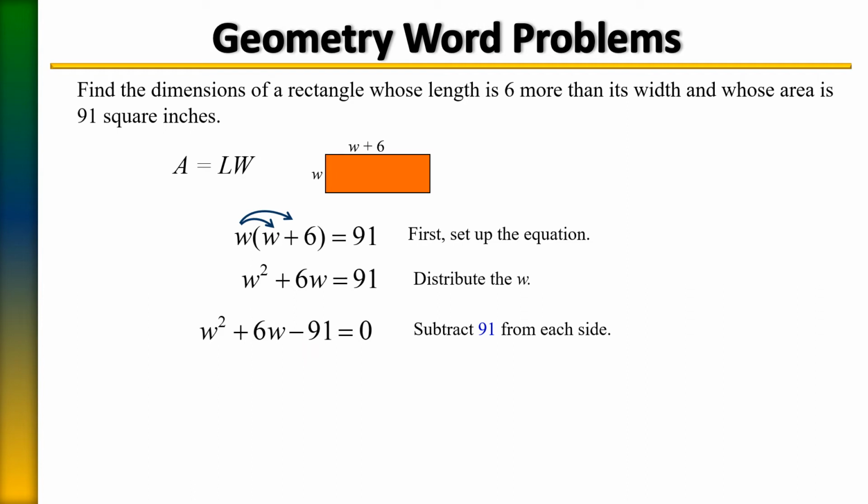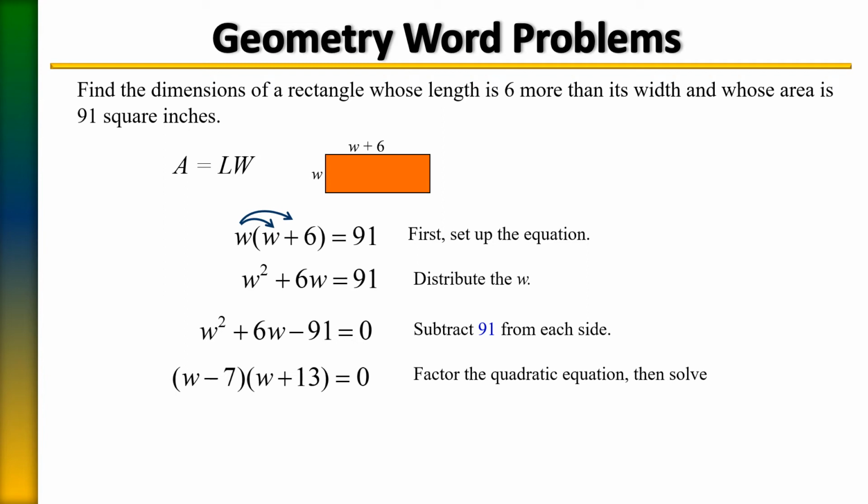The best way to find it probably is just to use your calculator and try a few higher numbers in the teens or higher until you find a number that is divisible into 91. So I'm going to go ahead and factor it for you. And that factors into w minus 7 times w plus 13.